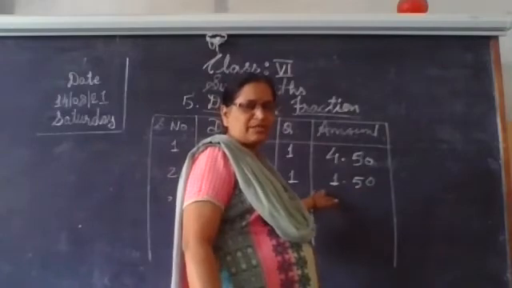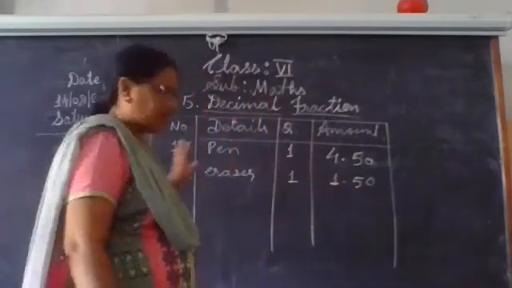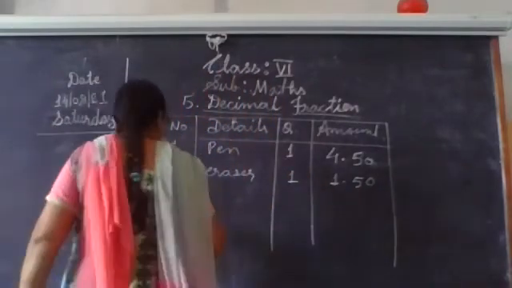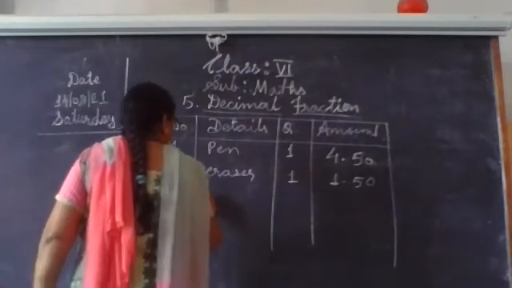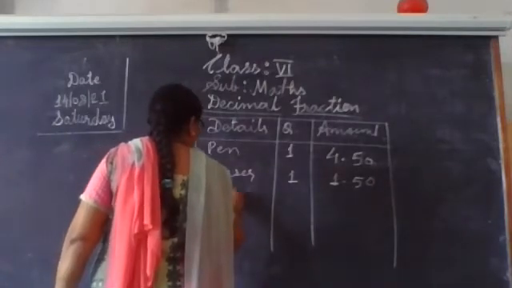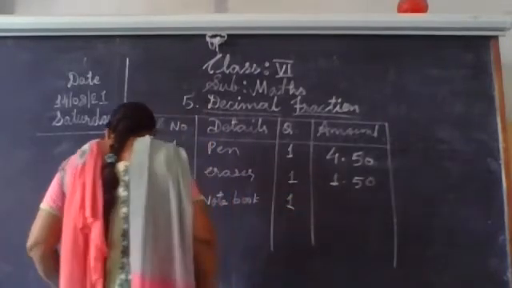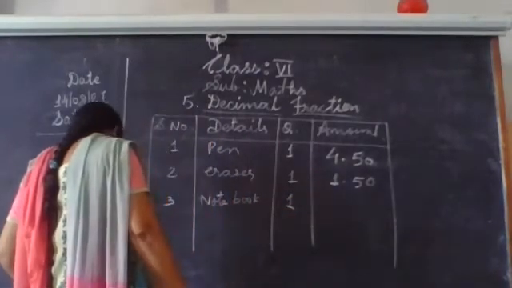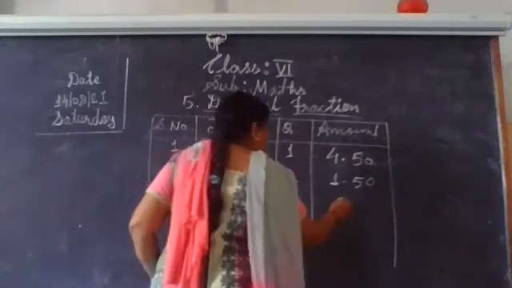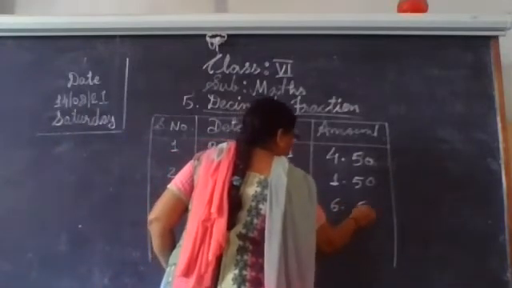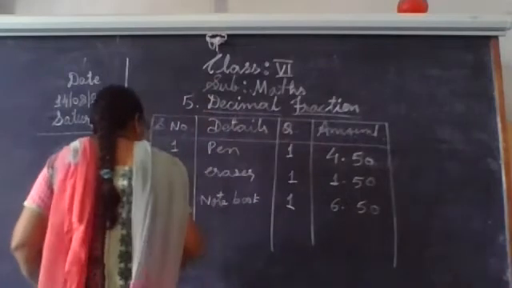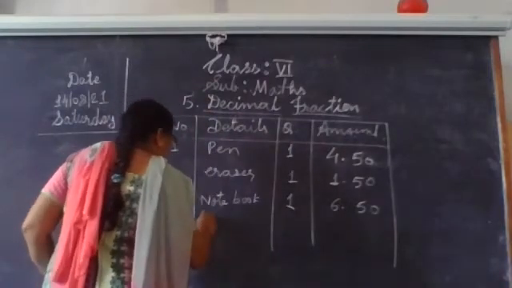Before the decimal point, the numbers are whole numbers. Then notebook. And what is the cost of one notebook? Rupees 6.5. And he bought one paint box.